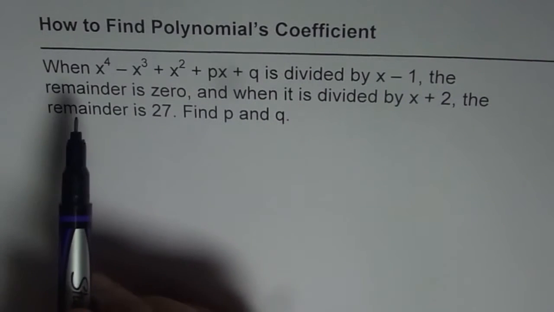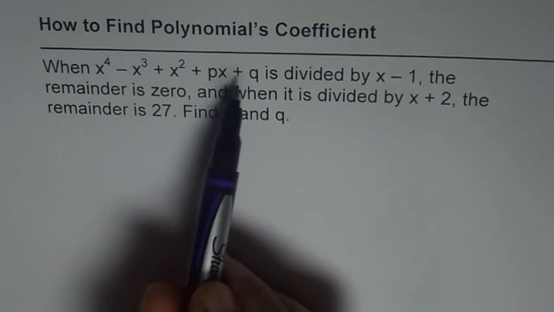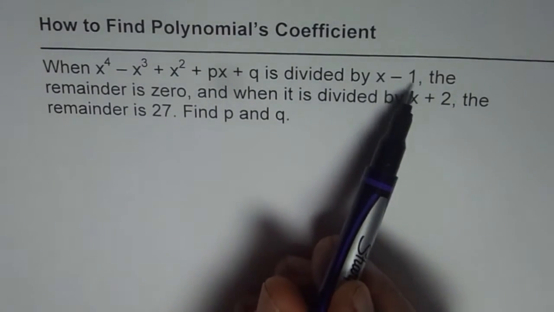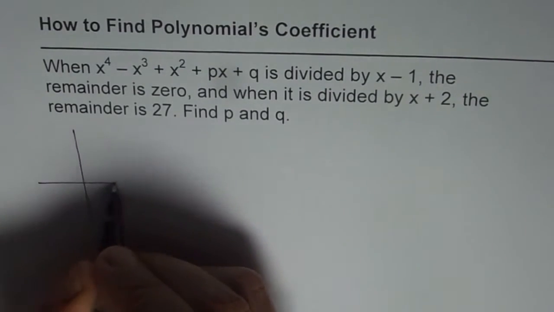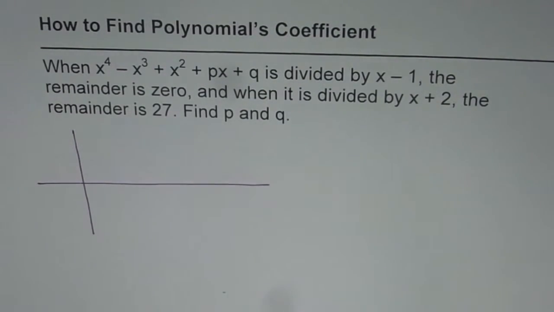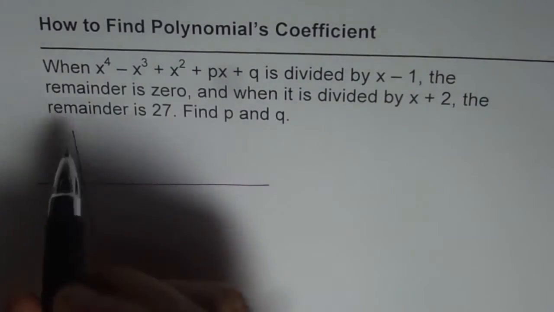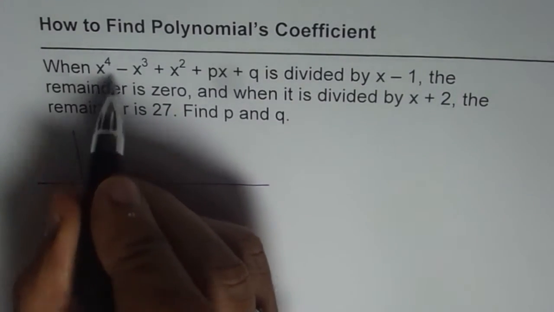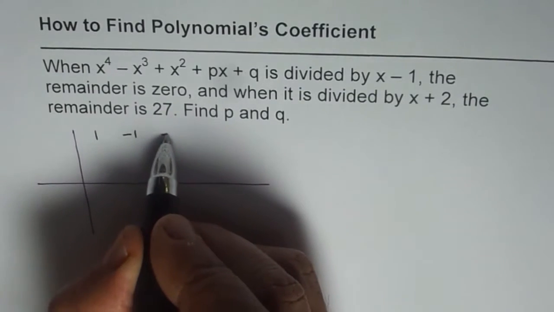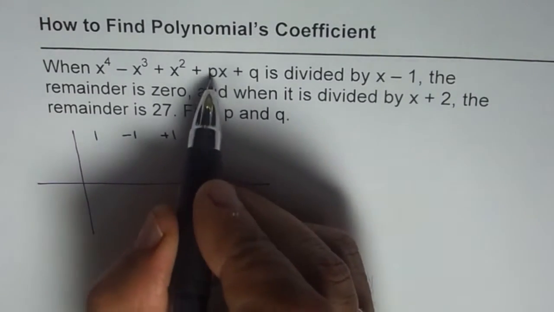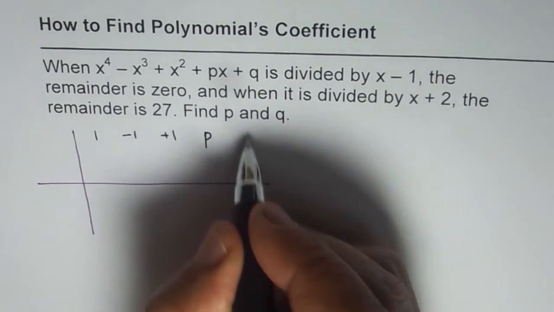So what we'll do is, first we'll divide this polynomial by x minus 1. In synthetic division, we write the coefficients, right? So the coefficients of the polynomial are 1, this is x to the power of 4, then minus 1 for x cubed. For x squared it is plus 1, then plus p, and then we have q.